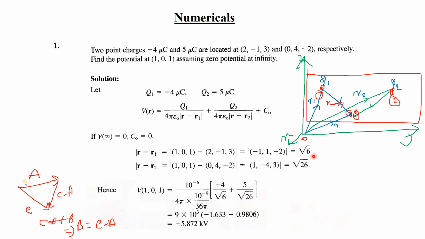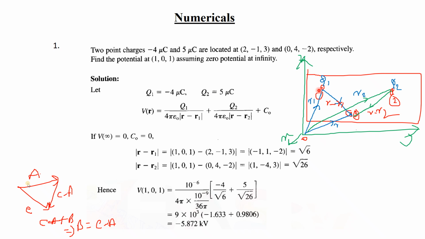R1 plus R minus R1 equals R. Same thing for point 2, this distance is R2, this is R. So the distance between point 2 and point 3, since the distance from 0 to 2 is R2 and from origin to 3 is R, will be R minus R2. So using this concept, this is the distance we are getting.